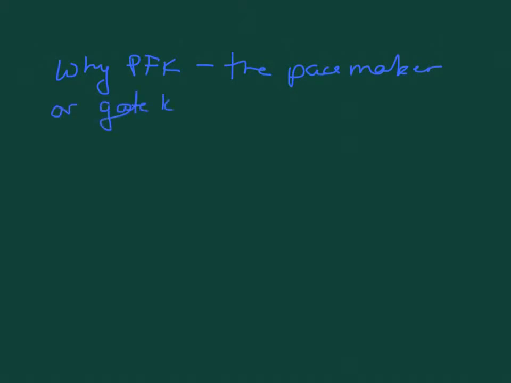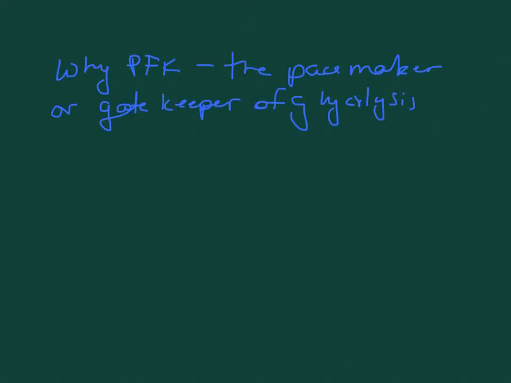Now, we may have already talked about this, but I'm just going to bring it up again. Why PFK? Why is this the pacemaker or the gatekeeper of glycolysis, as opposed to hexokinase?